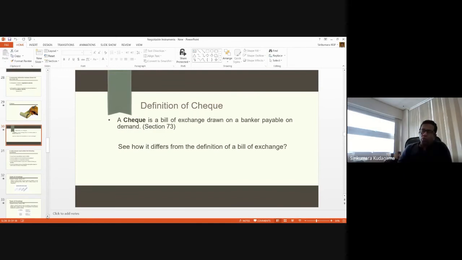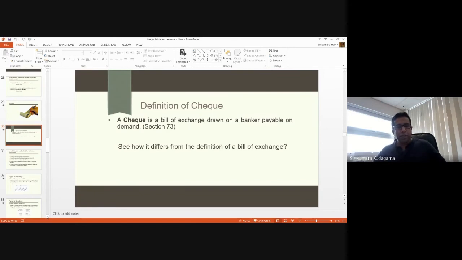A cheque is a bill of exchange, and it goes on to say drawn on a banker payable on demand. When you compare this definition with the definition of a bill of exchange, how many areas of the earlier definition are going to be affected? Look at the earlier definition.